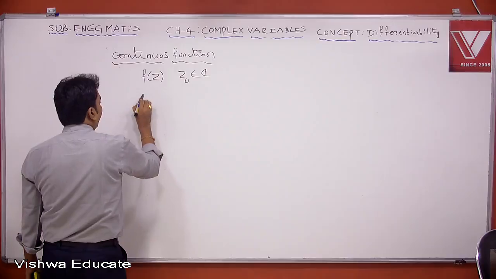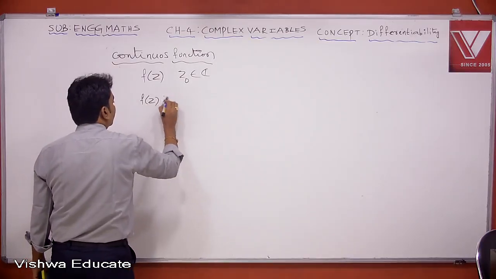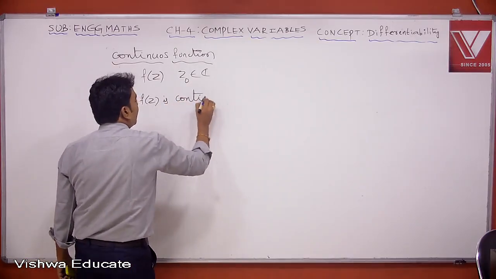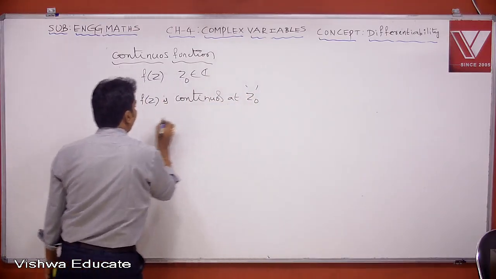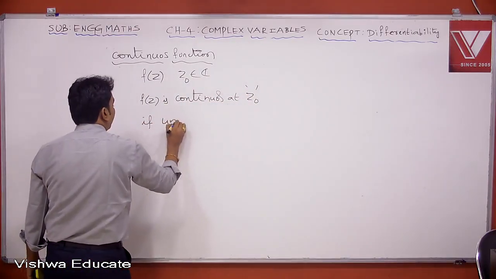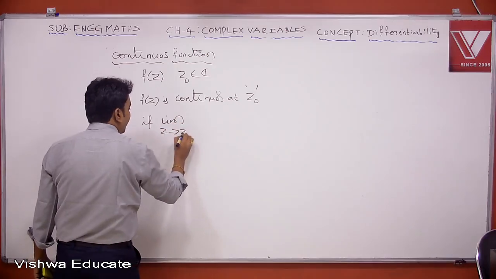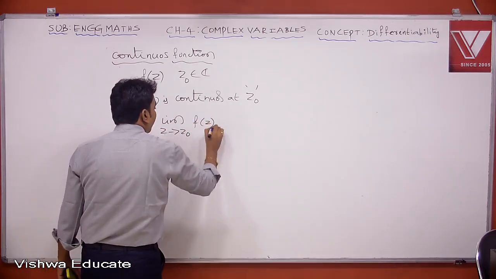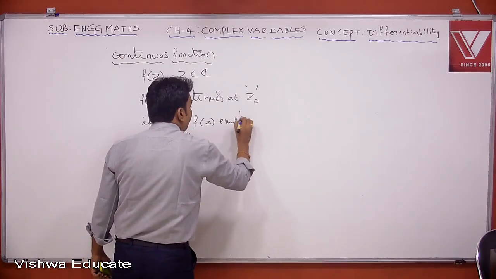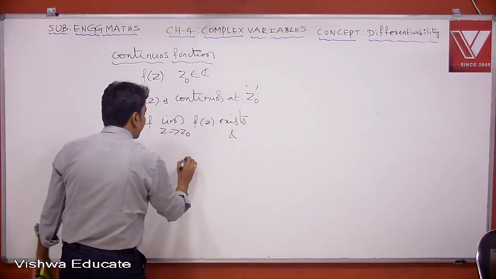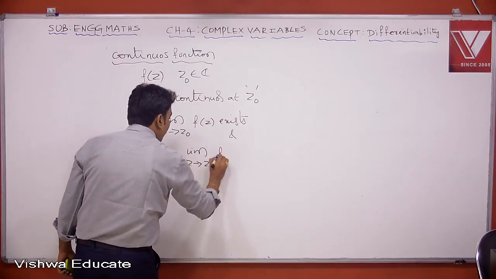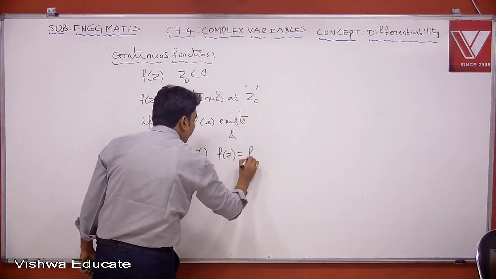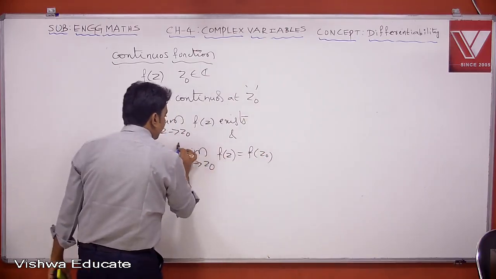We say that f of z is continuous at z naught if limit z tends to z naught, f of z exists and this limit must be equal to the functional value. So therefore, limit z tends to z naught, f of z equal to f of z naught.